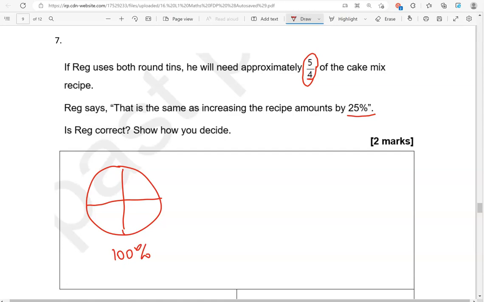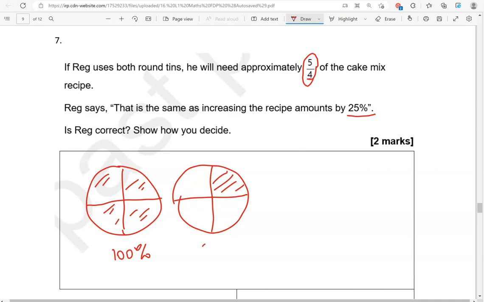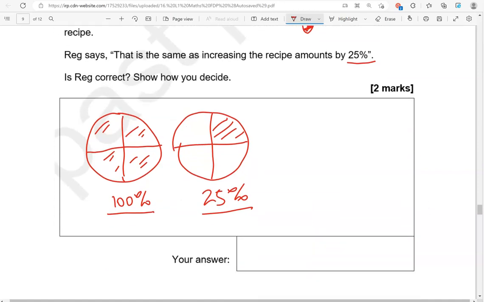But we've got 5/4, so we have one more quarter. 1/4 is 25%, so it's like having 100% and 25% on top. That is what 5/4 is equal to. So we're going to say that, yes, he is correct.